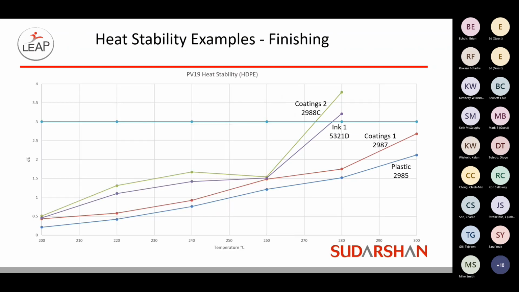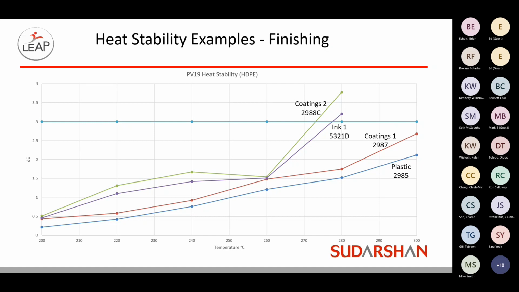Moving on to heat stability. In this particular case, I chose Violet 19 as the example in the high performance area, where we had 4 product grades in the study: 2 coatings, 1 plastics, and 1 inks. We have both a plastics grade and a coatings grade that go all the way out to the 300 degree C measurement for a delta E of less than 3, which is signified on the chart there.